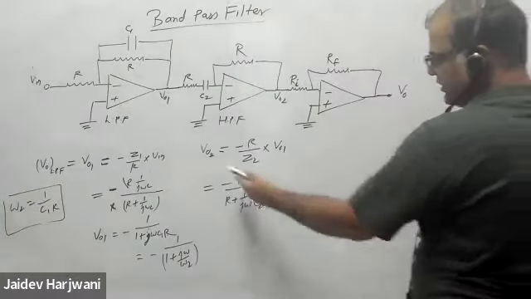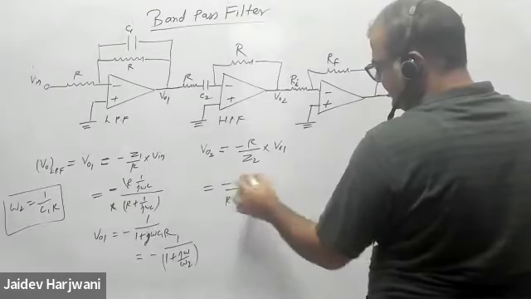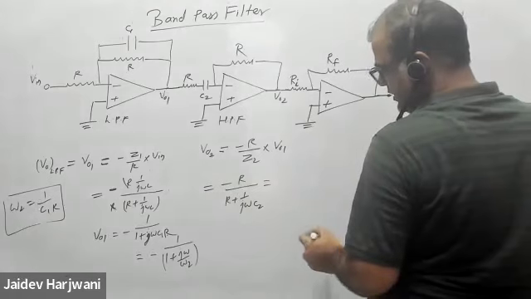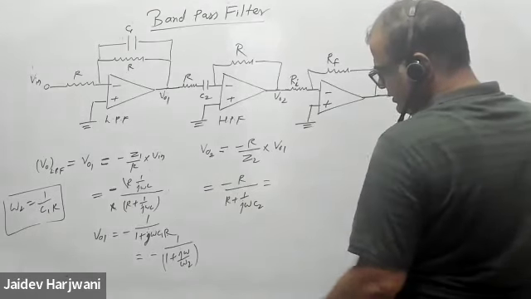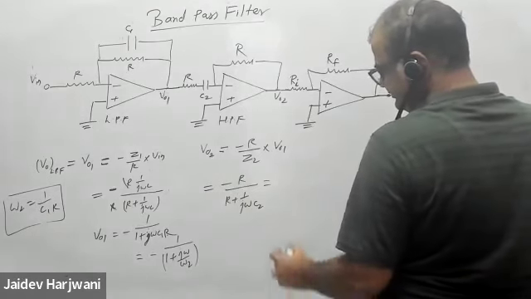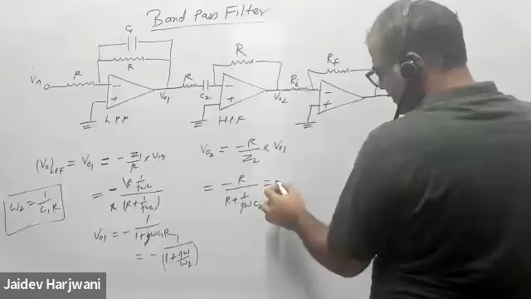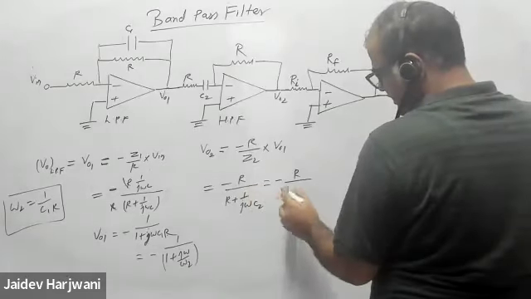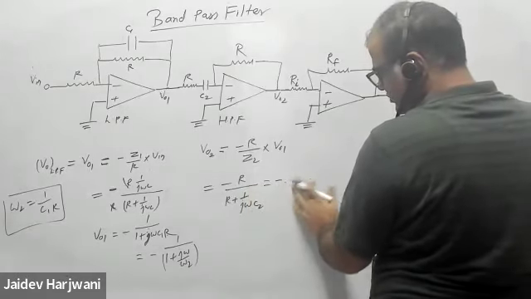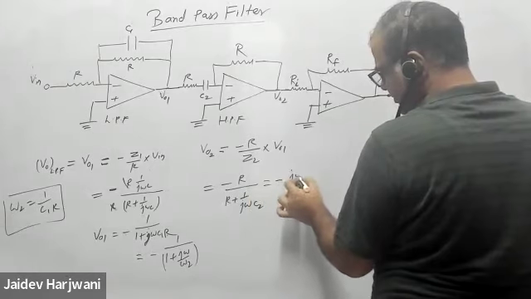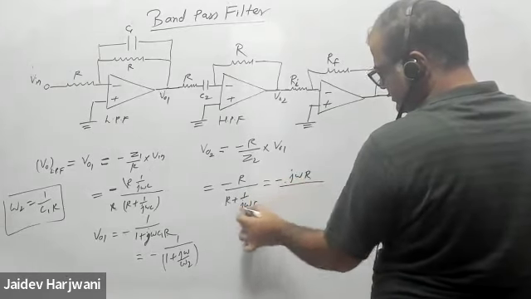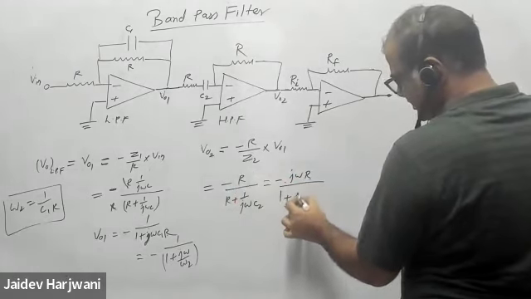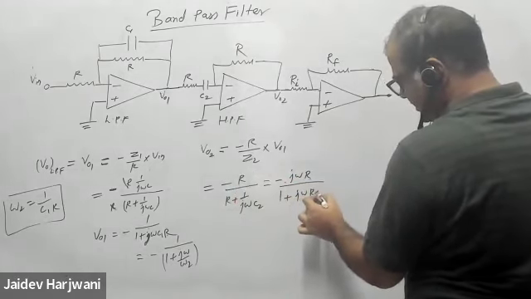And now similarly you can solve this one. This will become minus R, and this is again, this will go up, minus j omega R over 1 plus j omega R C2.